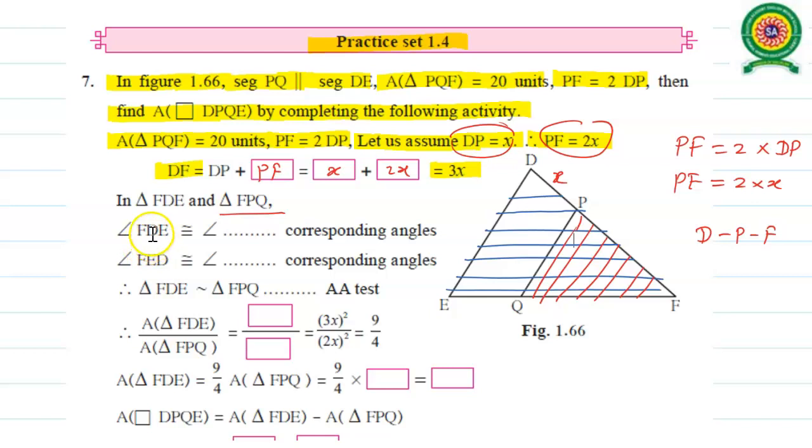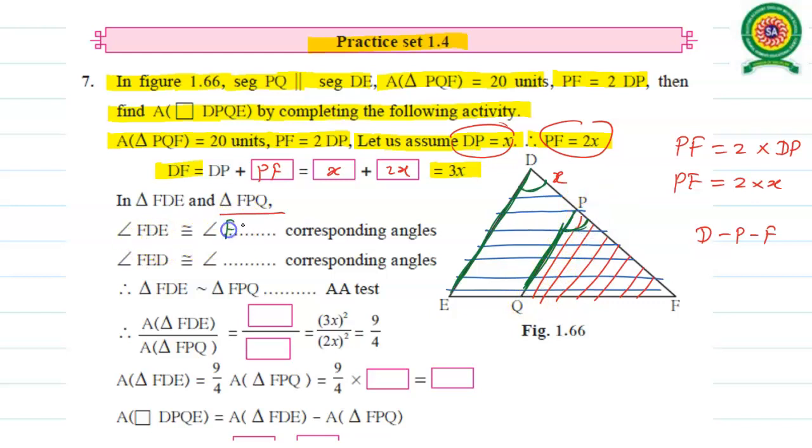Angle FDE is congruent to angle FPQ. Since PQ is parallel to DE, angle FDE and angle FPQ are a pair of corresponding angles, so they are congruent.